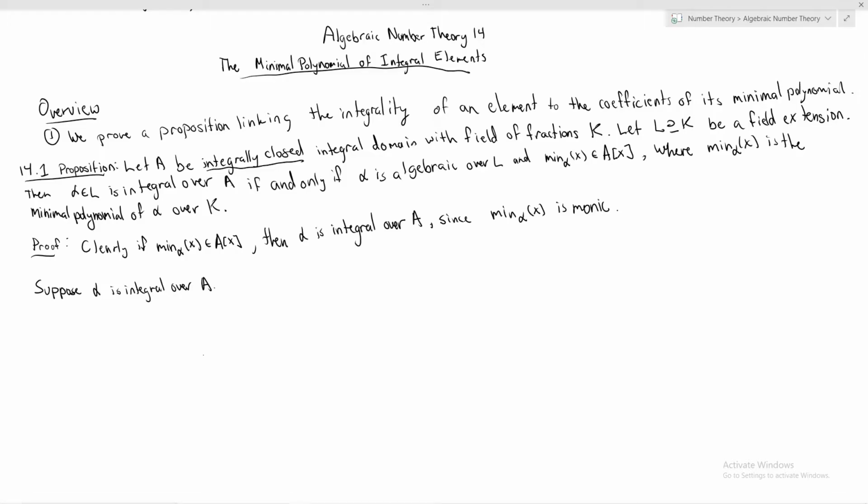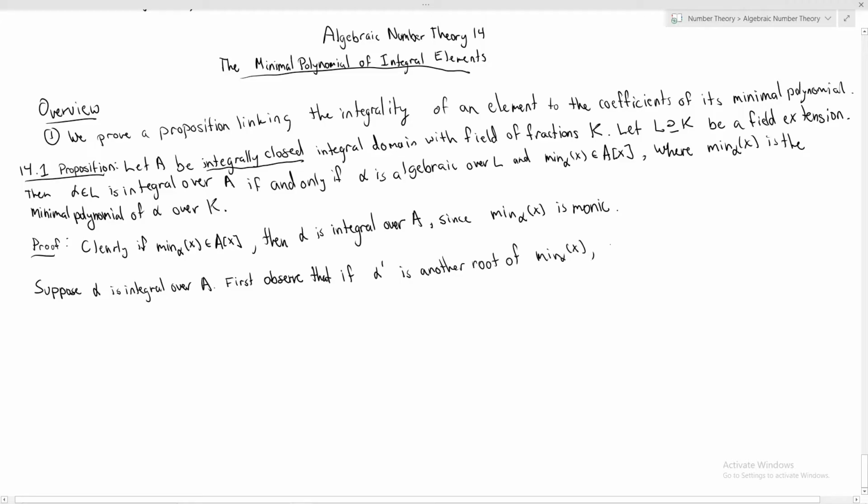So the first thing to notice, first observe that if alpha prime is another root of min_alpha(x), then I want to say alpha prime is also integral over A. Let me see.